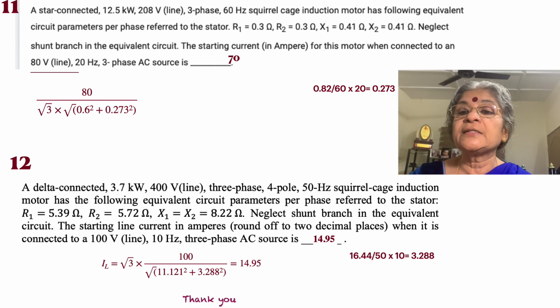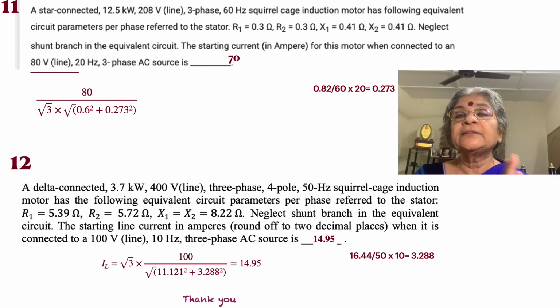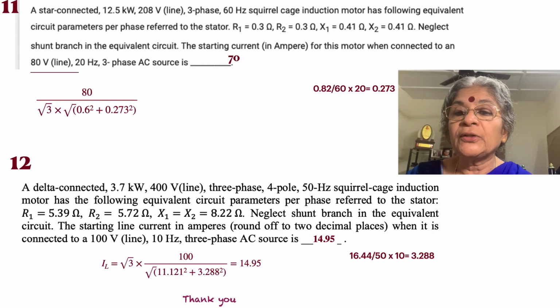A squirrel cage induction motor has the following equivalent circuit parameters. We were discussing so far equivalent circuit parameters, RS, etc. Per phase, referred to the stator: R1, the stator resistance, is 0.3 ohms.